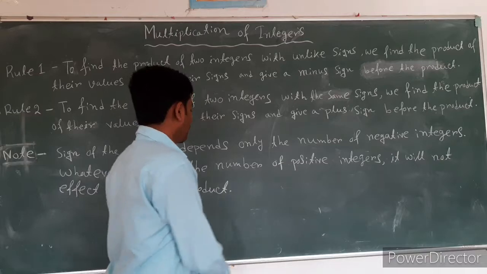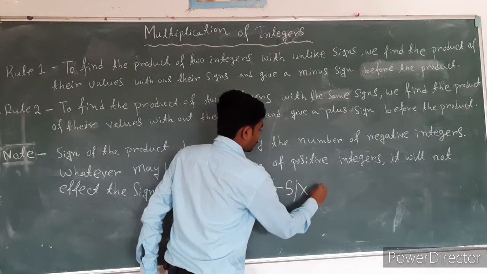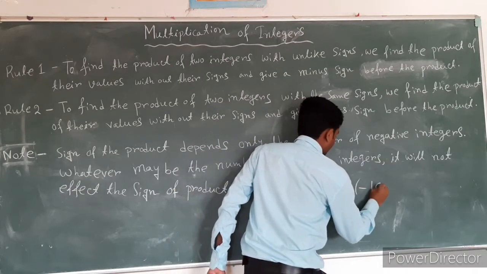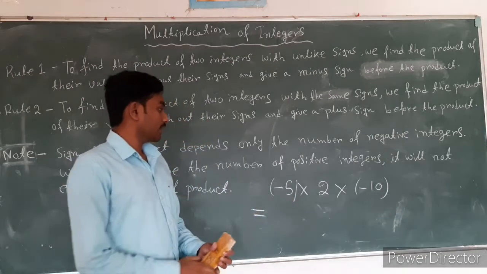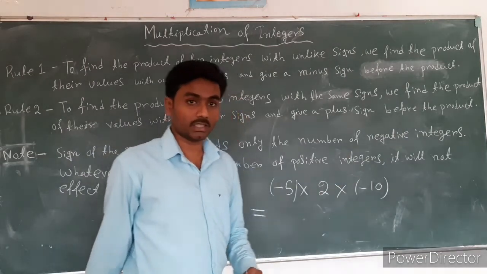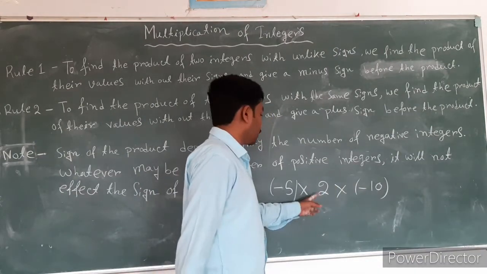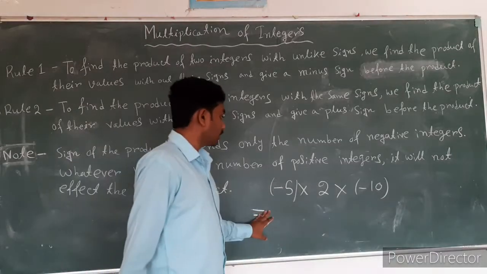For example, -5 into 2 into -10. In this case, there are three integers. Two are negative integers and one is a positive integer. So, what will be the sign?